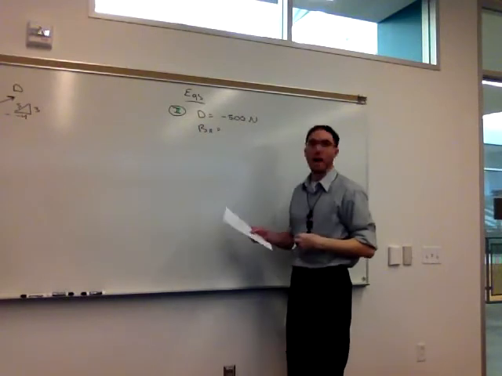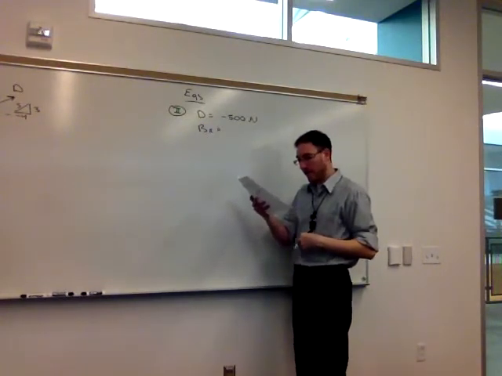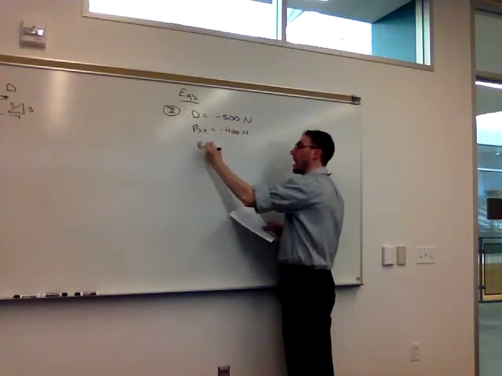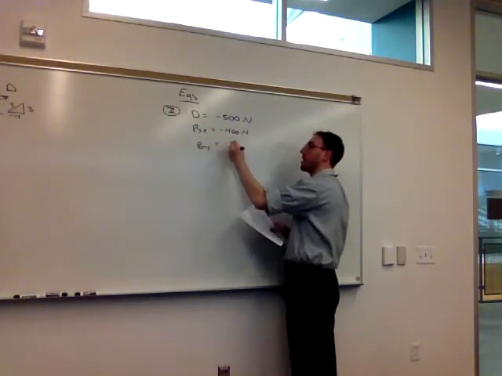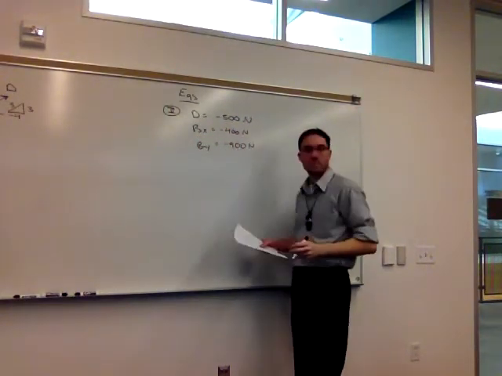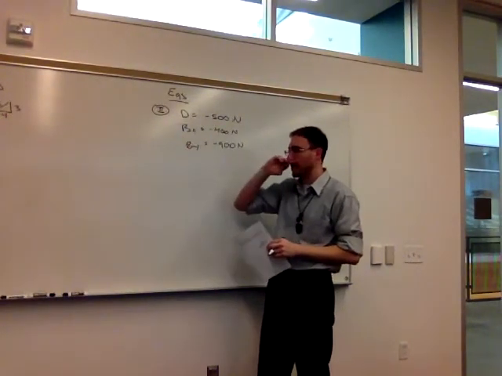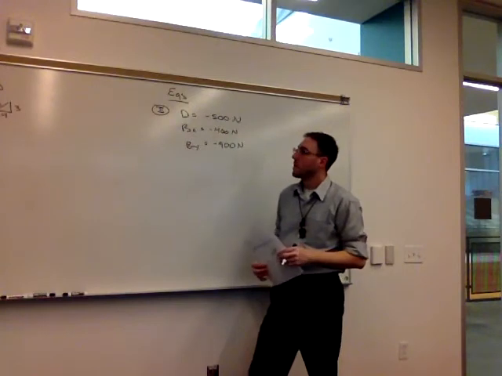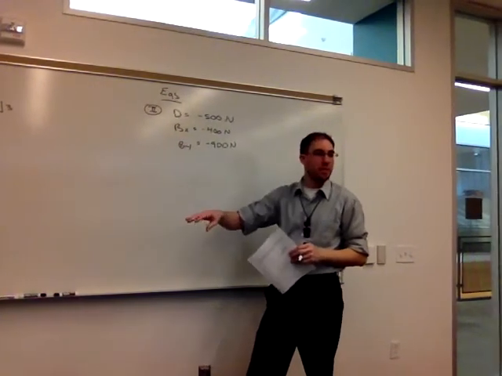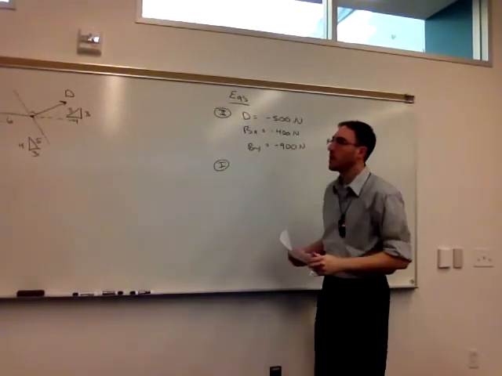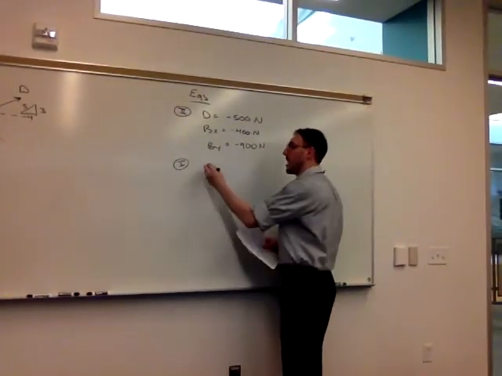According to the assumptions I made, BX is a negative 400, and BY is a negative 900. But BX and BY are also allowed to be negative values, so that's fine. If I go back now to my first free body diagram, I'm only left with 3 unknowns, so I can solve for those unknowns at this point.